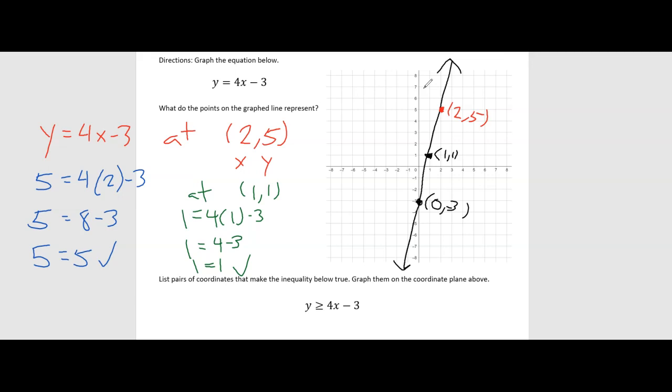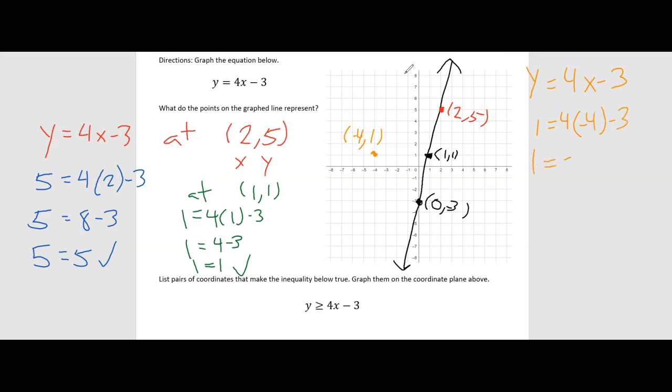And you could test that an infinite amount of times with any point on the line, and you would see that the equation is true. If you tested the equation with a point that's not on the line, let's test it with this point right here, -4, 1. Well, I'm going to get 1 is equal to 4 times -4 minus 3.